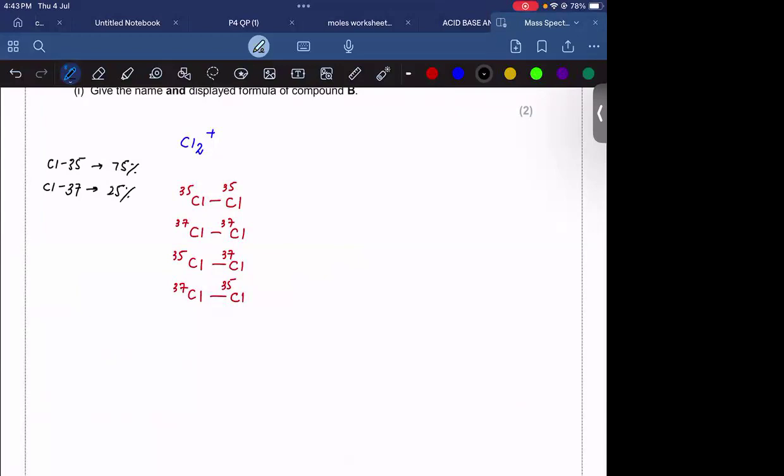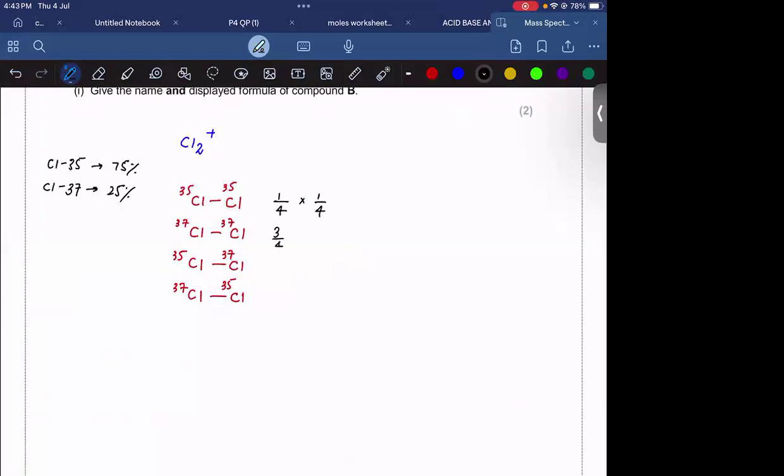So 75% means 1/4... I mean 3/4, and 25% means 1/4 of 100.